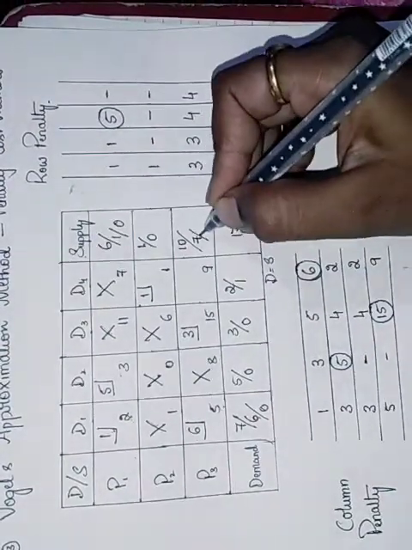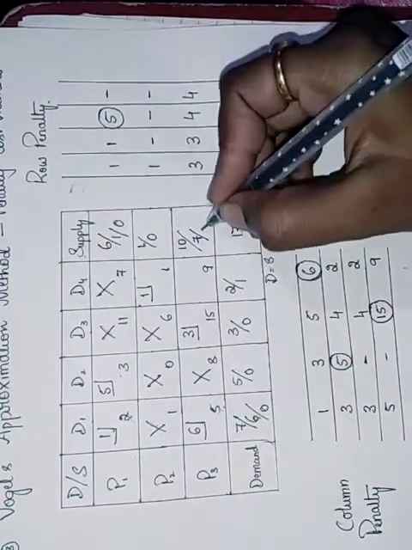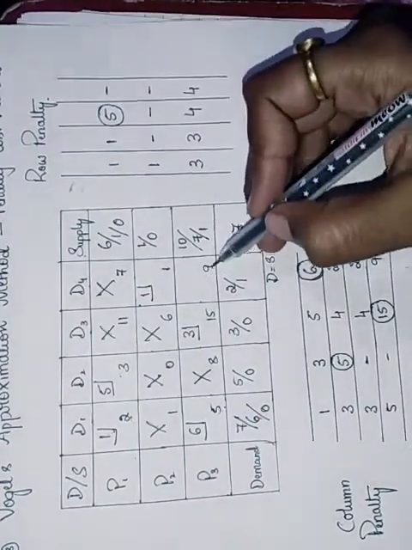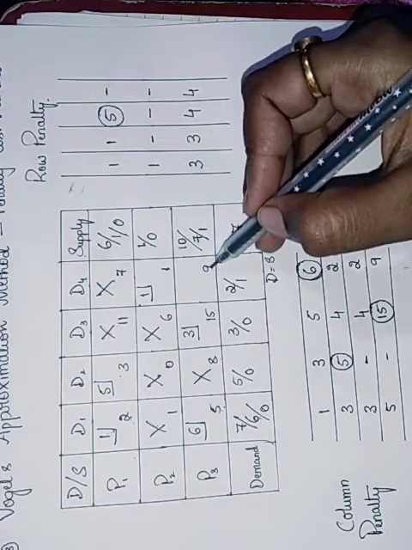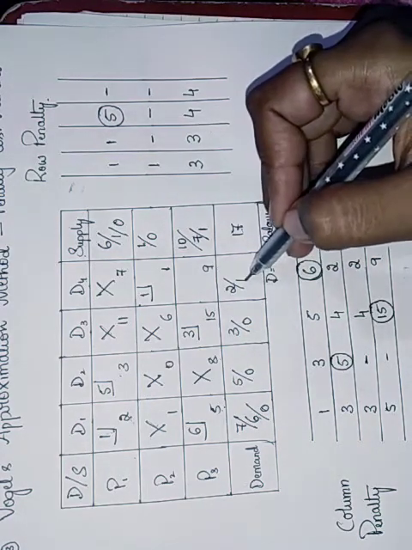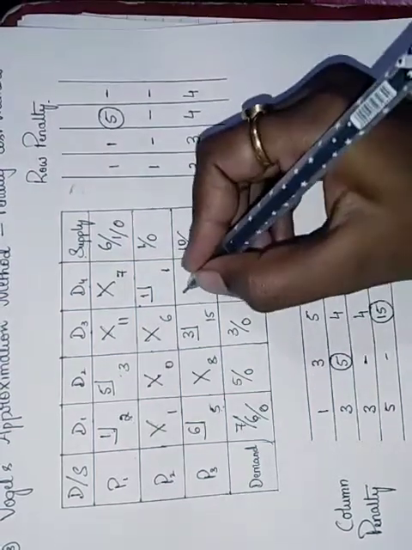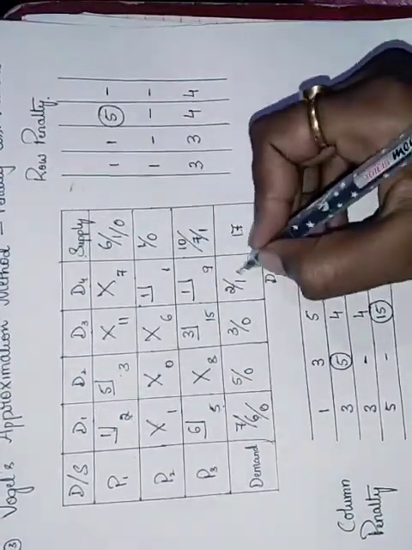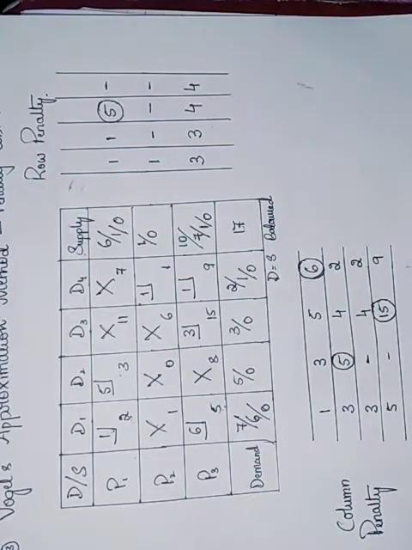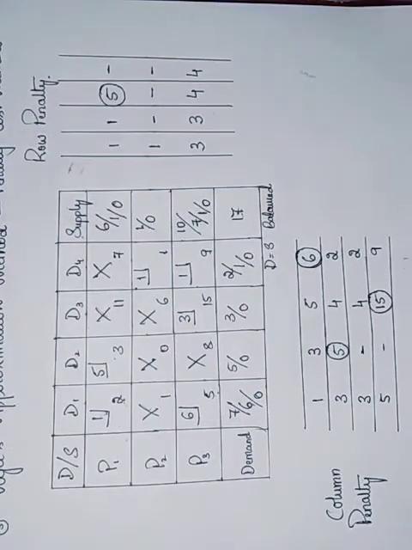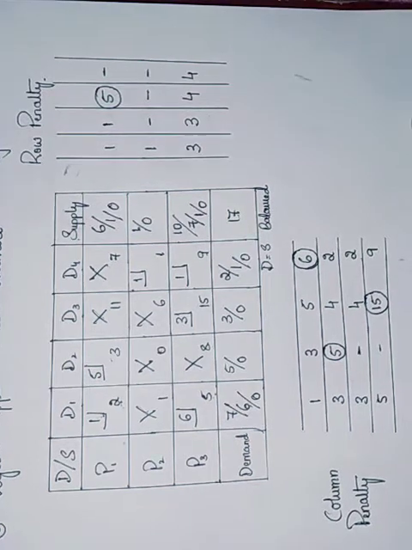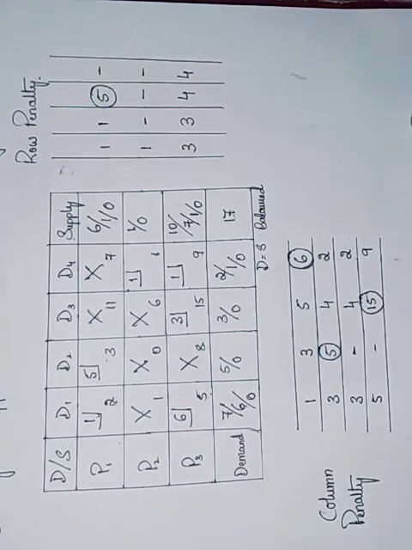And from 7 units, 6 units are allocated. So remaining units of supply is 1. So at last we have 1 cell remaining for which demand is 1 unit and supply is 1 unit. So I am allocating 1. It will be reduced to 0. So in this way we are going to allocate the units under Vogels approximation method.